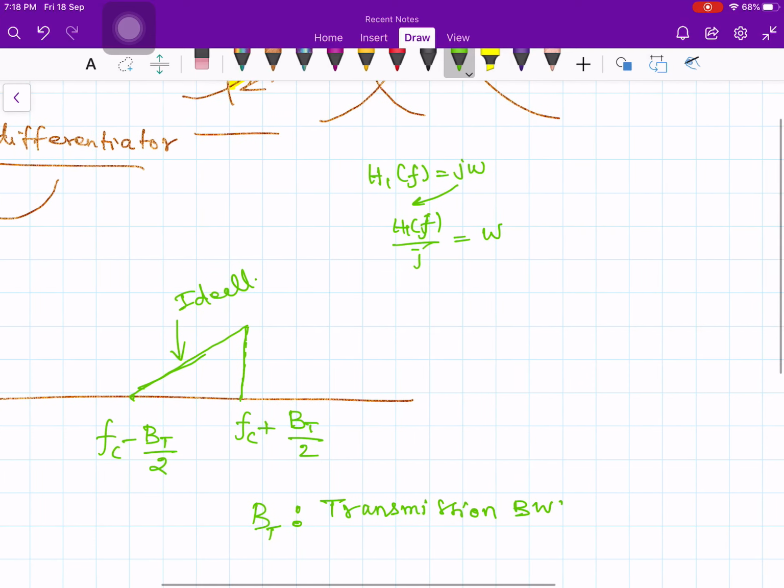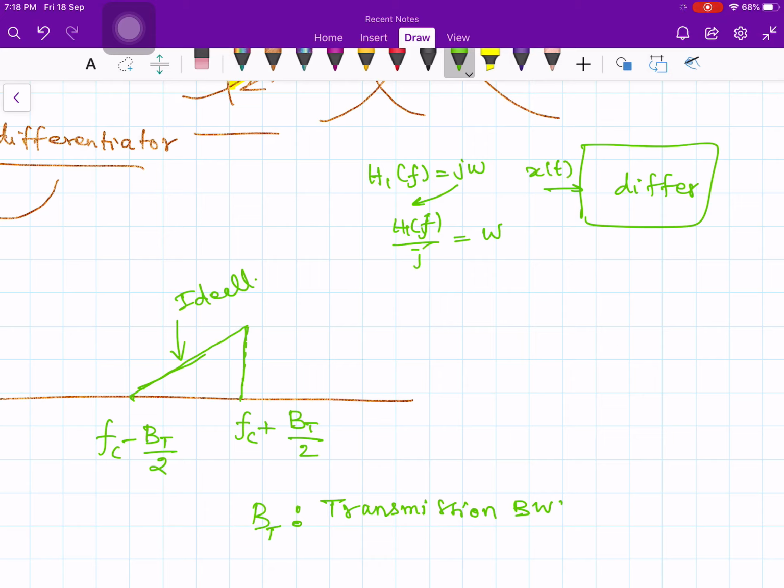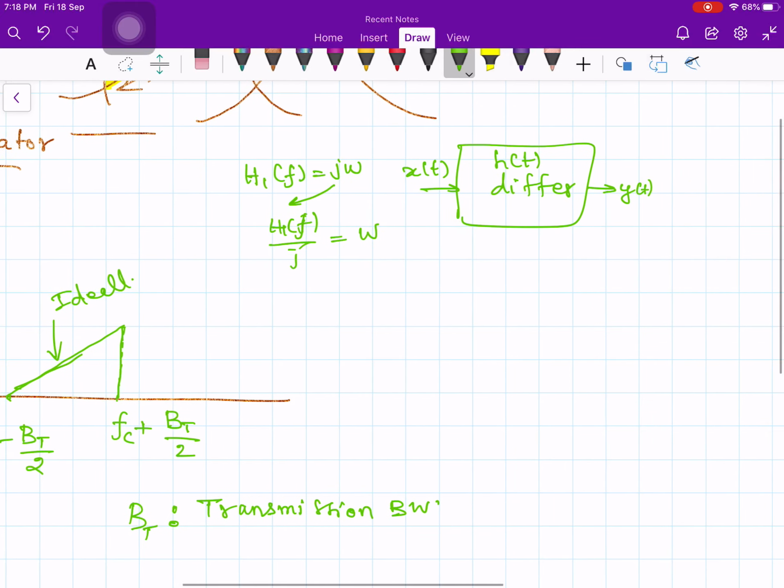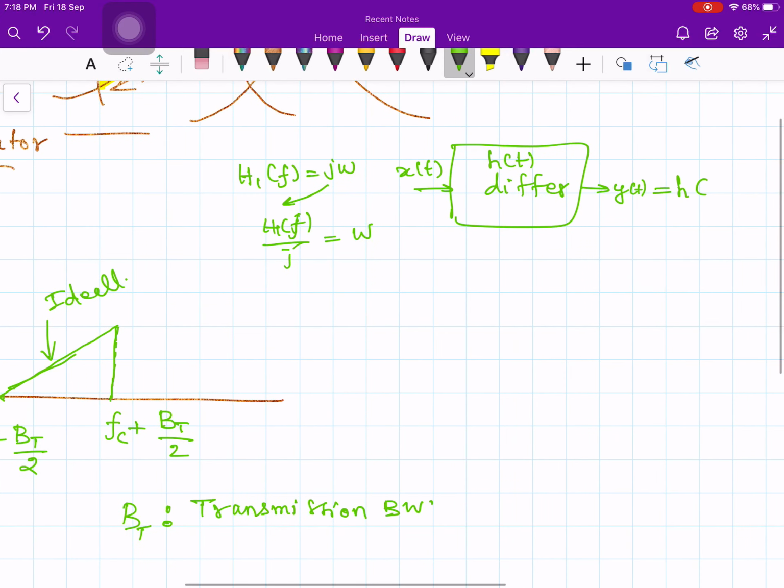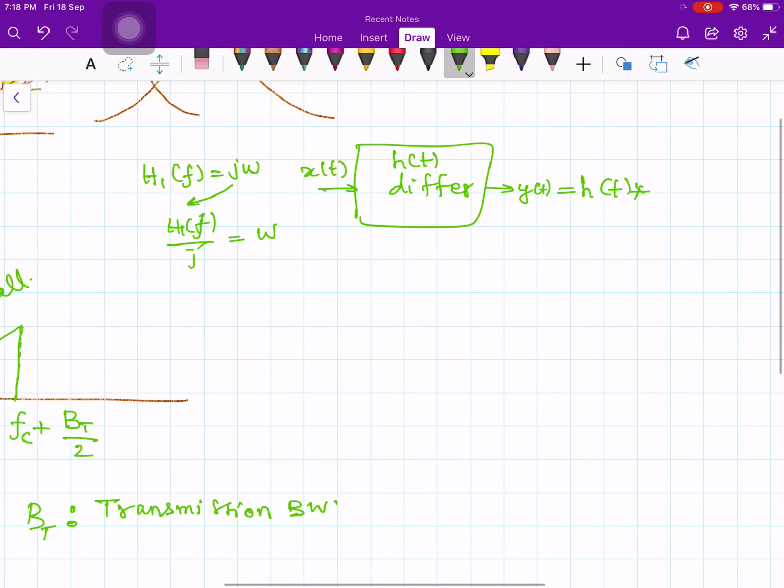If you recall, you have a differentiator. Input is x of t and its impulse response is h of t, output is y of t. What is y of t? y of t is h of t convolved with x of t. Now y of t is the differentiated version of the input, right?